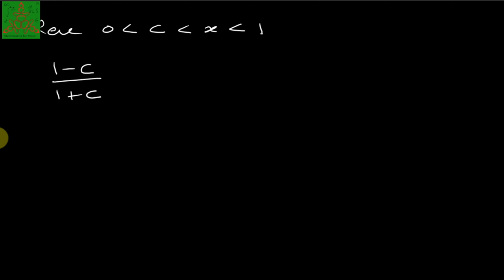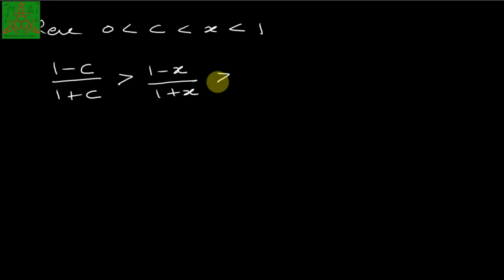So what we have here is 0 less than c less than x less than 1, because x is less than 1. So what will be 1 minus c upon 1 plus c? That 1 minus c upon 1 plus c is greater than 1 minus x upon 1 plus x, which obviously we can say.